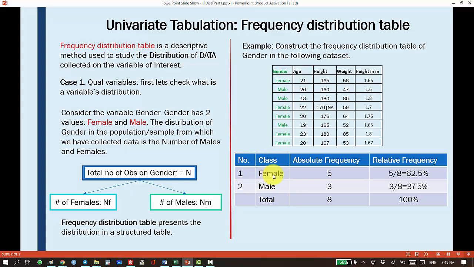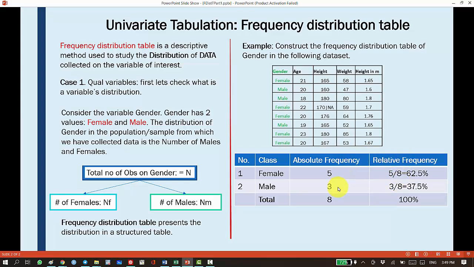The first class belongs to females, the second class belongs to the males. Then in the second column here we have the absolute frequency, which is the number of females and the number of males in the data set that we are studying. If we count the number of females, we have 5 females here and 3 males. In total, we have 8 observations.